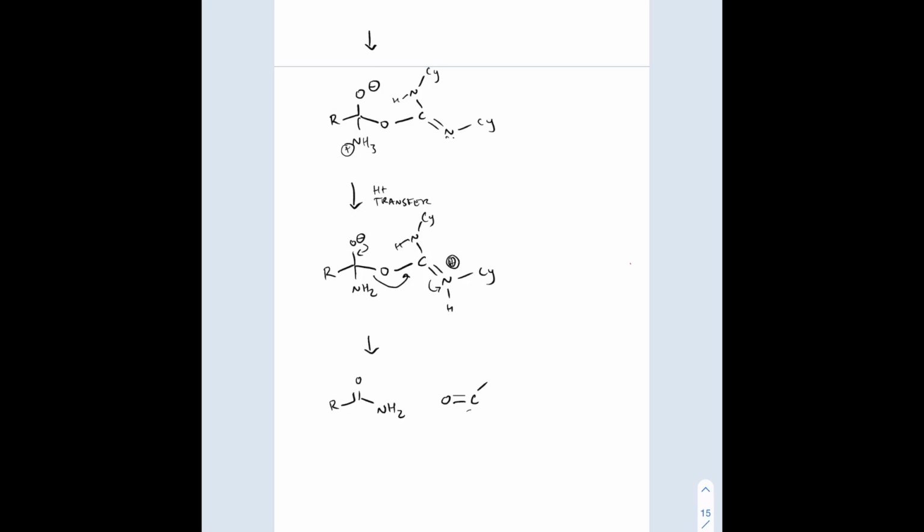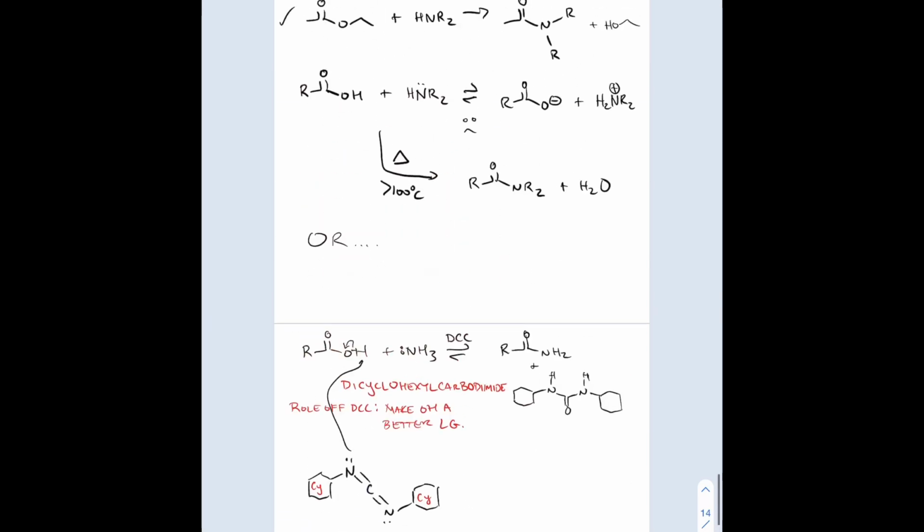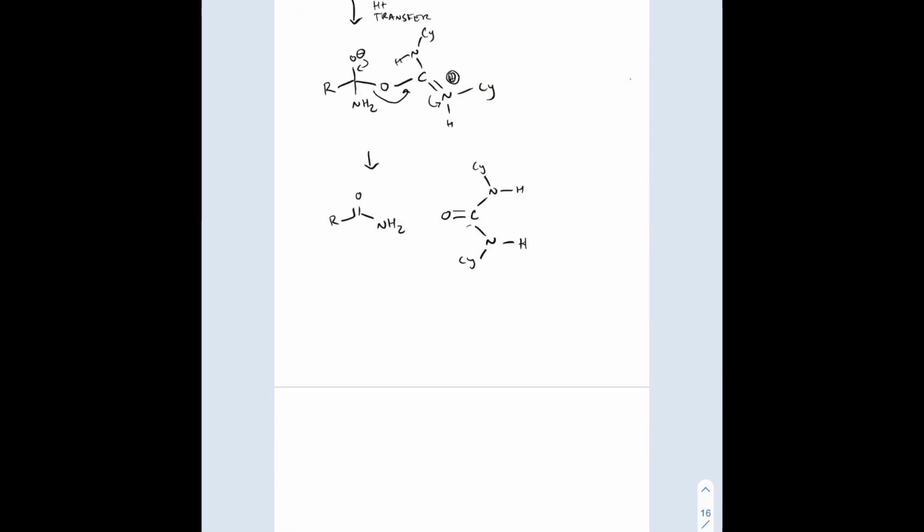Now that oxygen forms the carbonyl group of the amide, that breaks that carbon-oxygen single bond, creating another carbon-oxygen double bond and neutralizing the nitrogen on the product of the diamide.